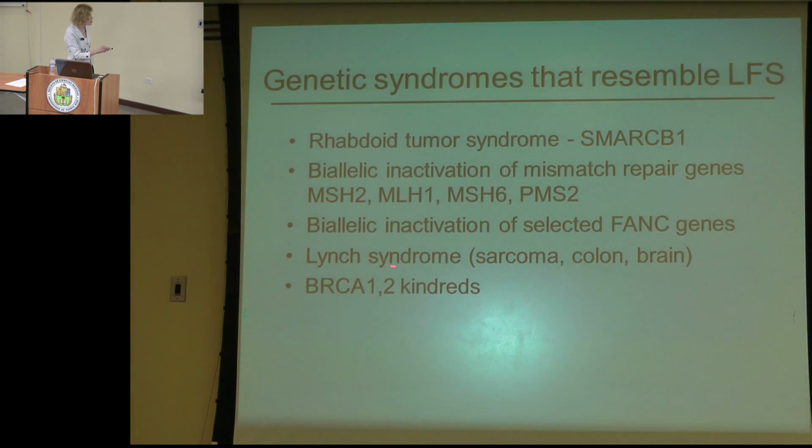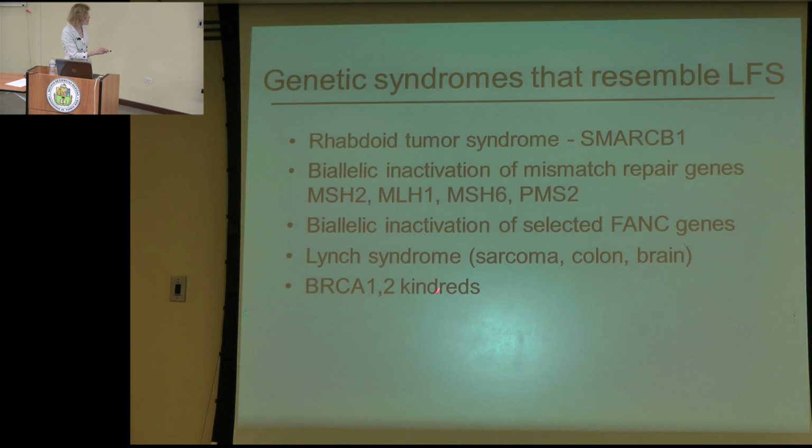And Lynch syndrome, which is usually due to a mutation in one, not both alleles of one of these genes: colon cancers are the most common, then endometrial cancer, but brain tumors are not rare, and occasionally you see sarcomas. Of families like this that we have studied that have sarcomas, colon, and brain, about half of them have been Lynch, and about half of them have been Li-Fraumeni syndrome.